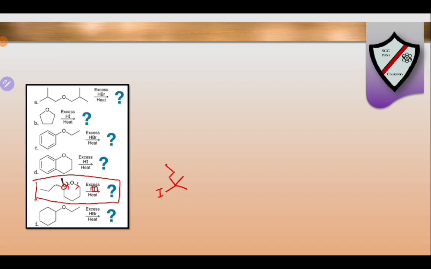And then beyond that, there are going to be 1, 2, 3, 4 more carbons, and then we will also substitute an iodine on the other side.